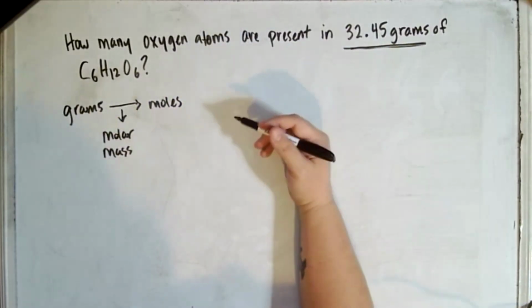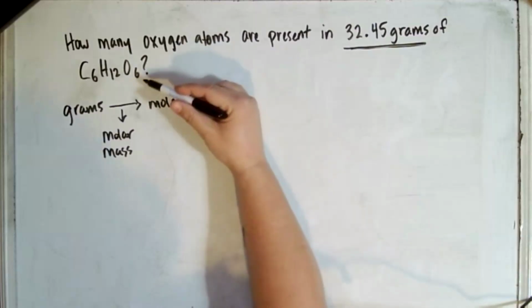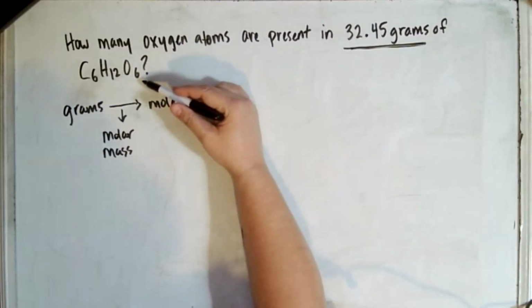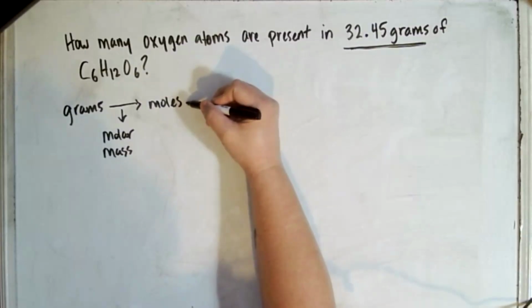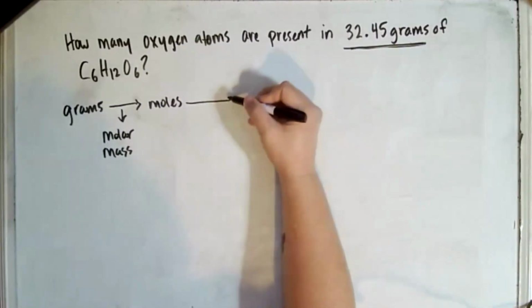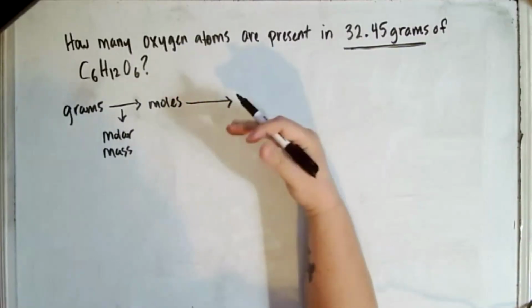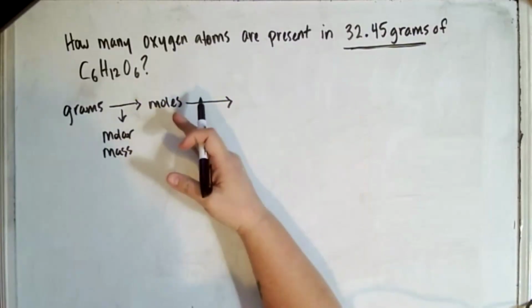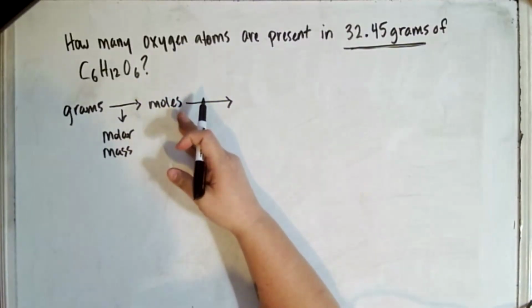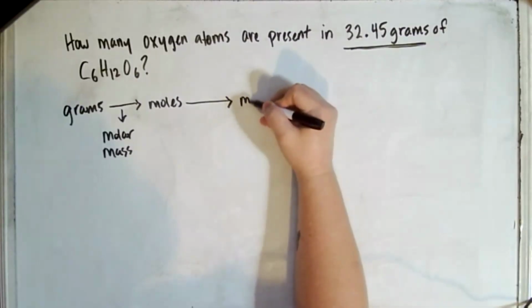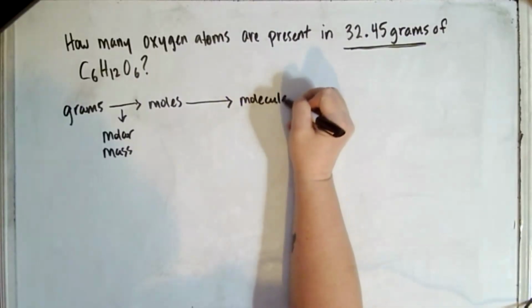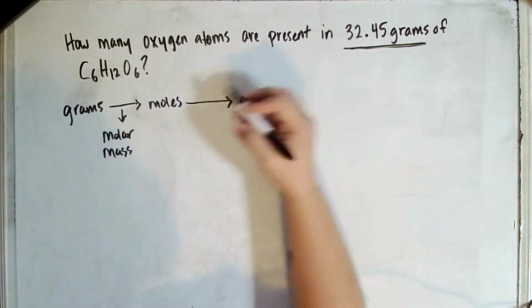What's the next thing you can connect your moles to? I have a compound here. So if I want to take my moles and I want to use Avogadro's number, I can relate the number of moles of my compound into the molecules of that compound.